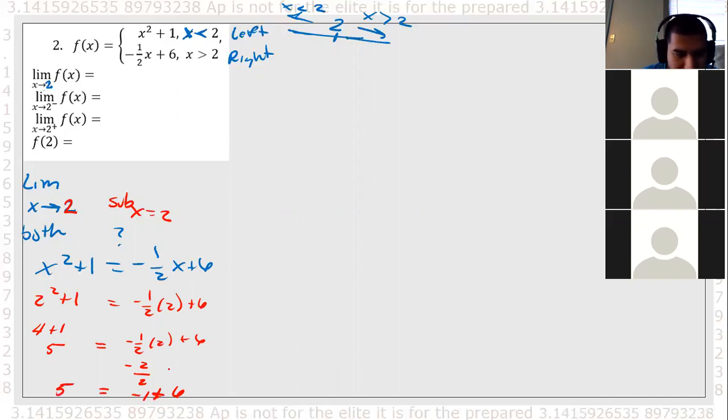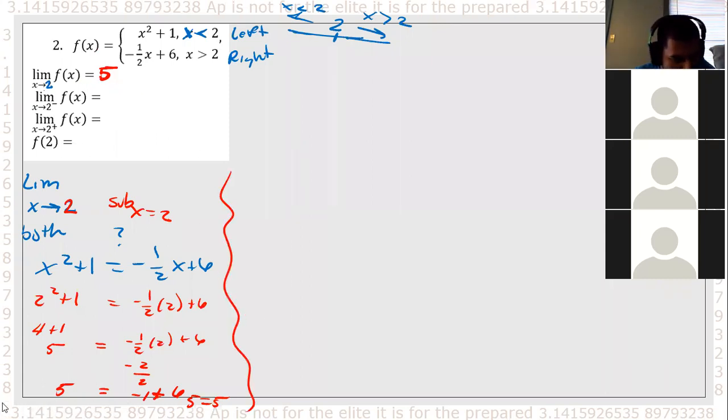Is that true? Yep. So the limit in this case is 5 equals 5, the same from both sides. So the limit exists and it is 5.